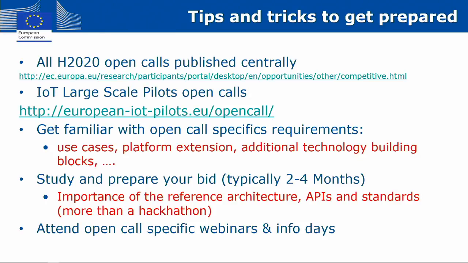You don't get in a large project like that just to do what you want to do. You have to do your homework to see how you can benefit and plug in your solutions into what they do, understand what the platforms are. So you may fit or not fit in some of that, but that's for sure an opportunity, and there's a lot of webinars which are organized to help potential proposers to prepare their bid for that.